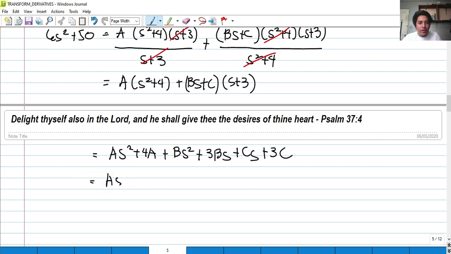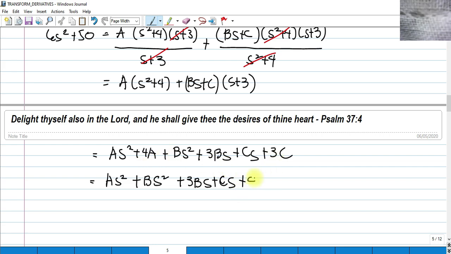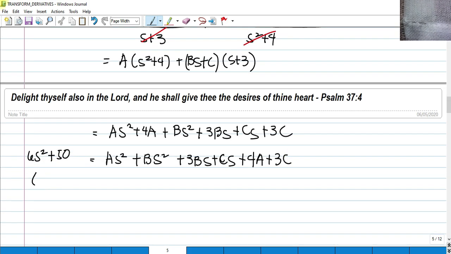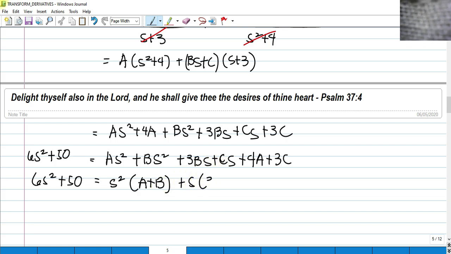We have As squared plus Bs squared, and next the s terms, 3Bs plus Cs, and then the constant, plus 4A plus 3C, and that is equal to 6s squared plus 50. So we factor out s squared, A plus B, and factor s, 3B plus C, and leave the constant as it is.